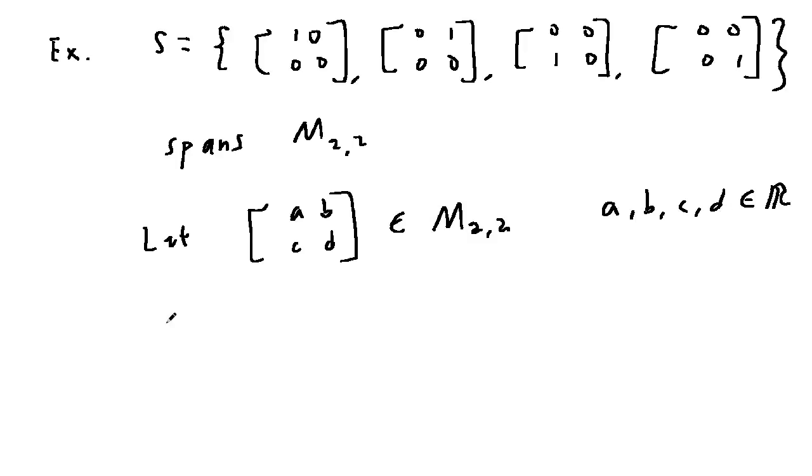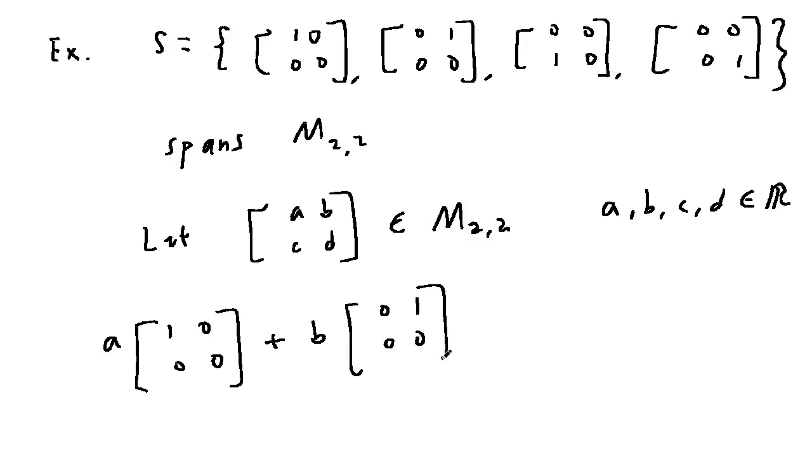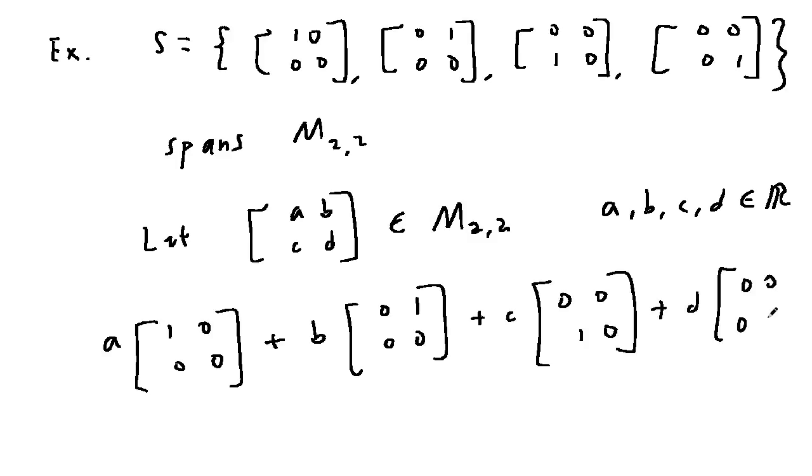Then we can rewrite A, B, C, D as A times this matrix plus B times this matrix plus C times this matrix plus D times this matrix. Okay, so S spans M sub 2, 2.